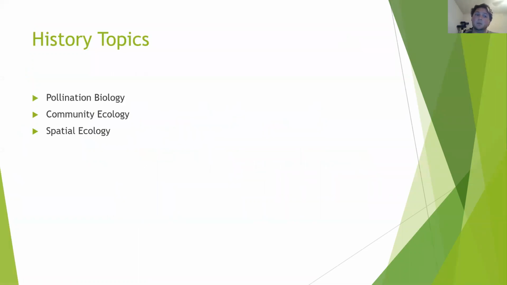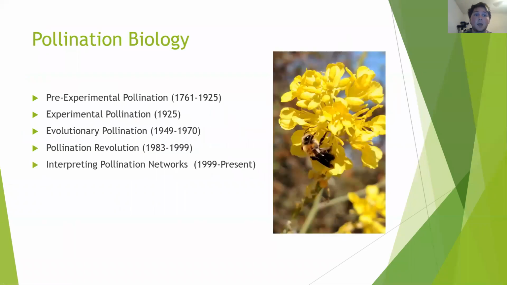So my topics are pollination biology, community ecology, and spatial ecology. Pollination biology, we will be going over the pre-experimental pollination from 1761 to 1925, the experimental pollination, which is a book that kind of changed the field, evolutionary pollination, from 1949 to 1970, just trying to understand the relationship between pollinators and the flowers and how they drive each other.